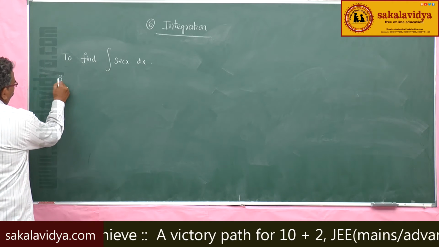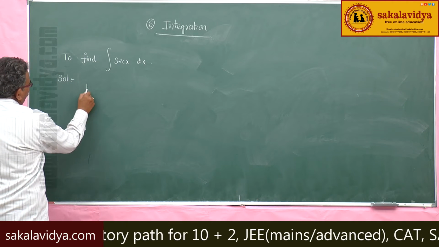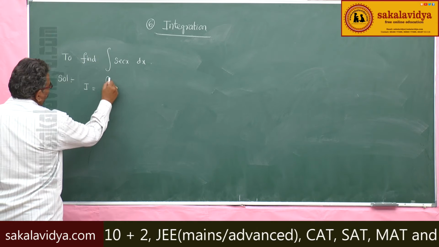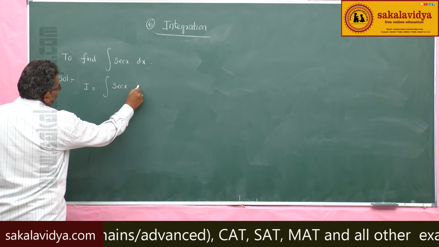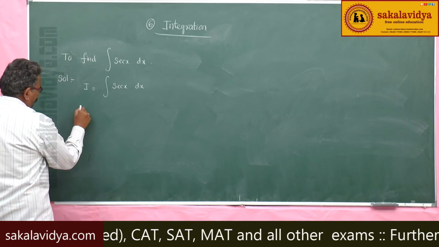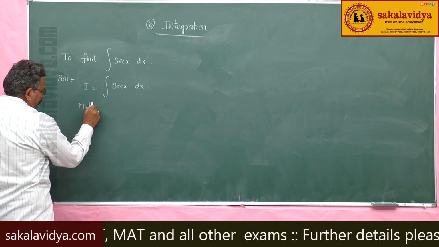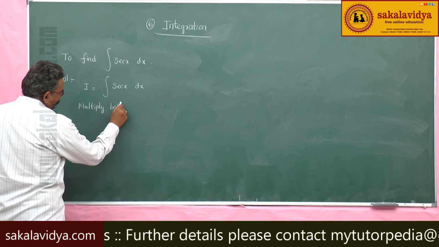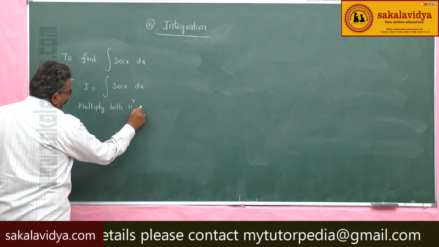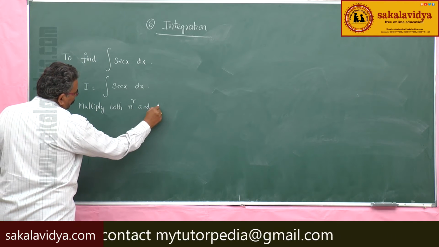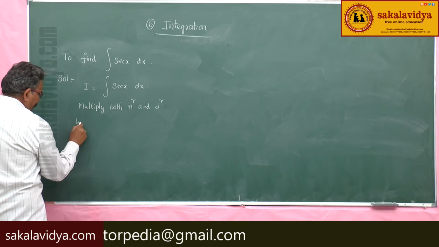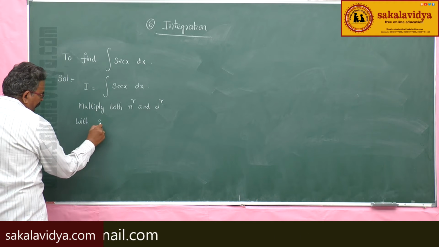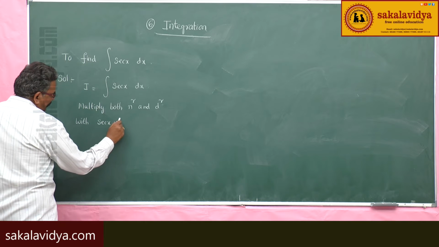So, now I is equal to integral secant x dx. Multiply both numerator and denominator with secant x plus tan x.